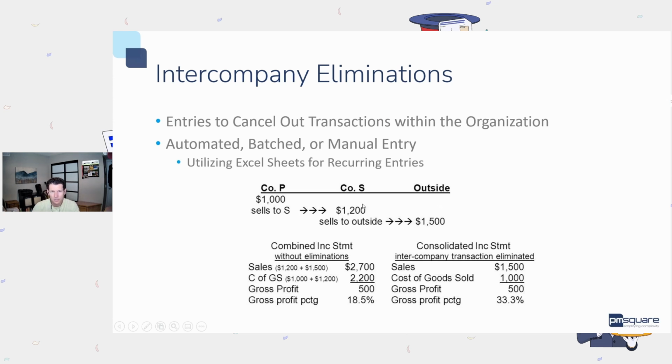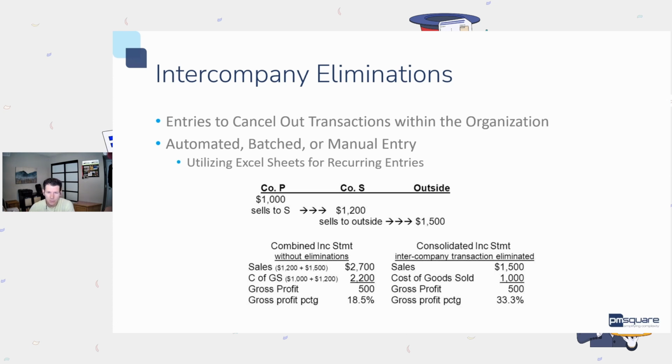So we report a revenue transaction for the parent company of 1,200 and the sub company of 1,500, and that gives us 2,700 revenue without eliminations. On the cost side, we record a $1,000 cost to the parent company and $1,200 cost to the sub, and report a $2,200 cost of sale without eliminations.